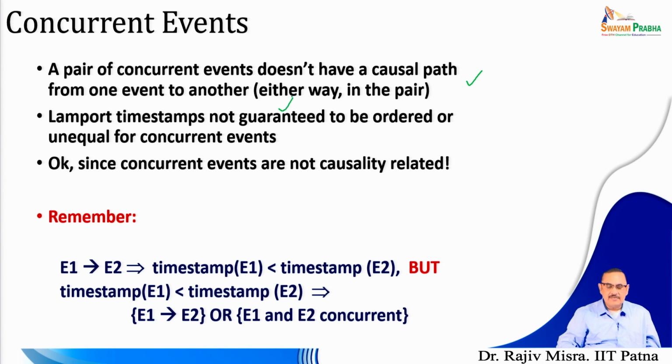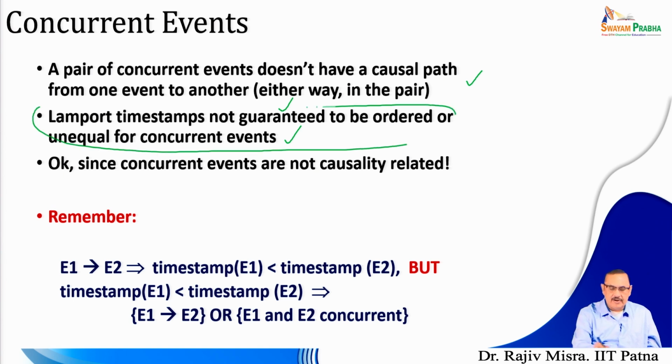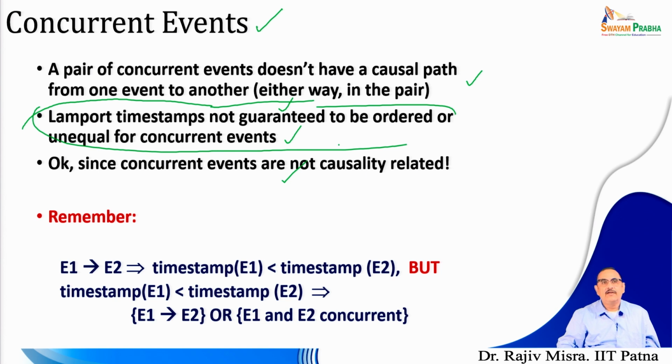So, Lamport's timestamps are not guaranteed to be ordered or unequal for concurrent events. So, how are we going to handle concurrent events, which are not covered in the causal ordering, that is, in the Lamport clock or logical time? Therefore, concurrent events are not causally related.